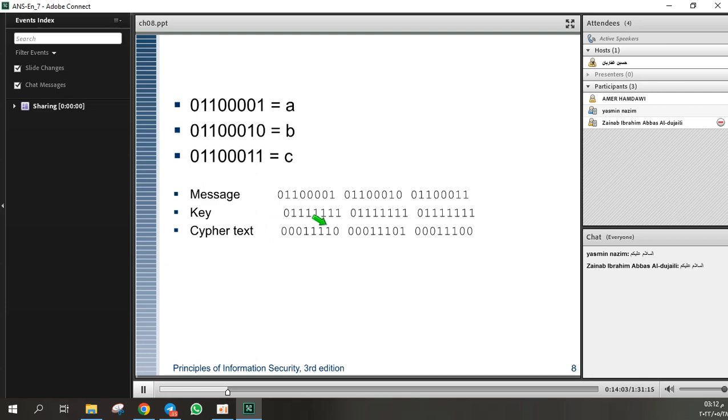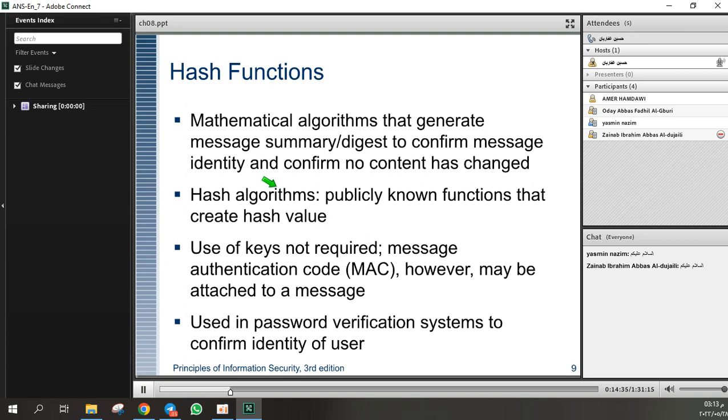If you compare the ciphertext with the key and with the message, you cannot find any similarity. There is no similarity between them. So XOR is one of the strongest and most favorite methods for encryption.